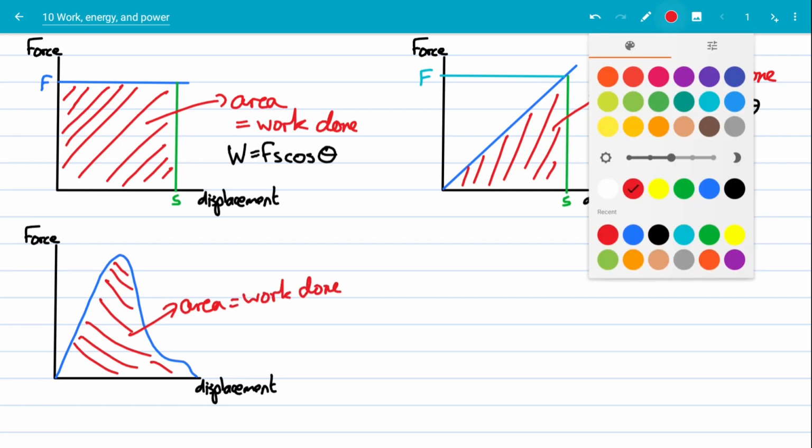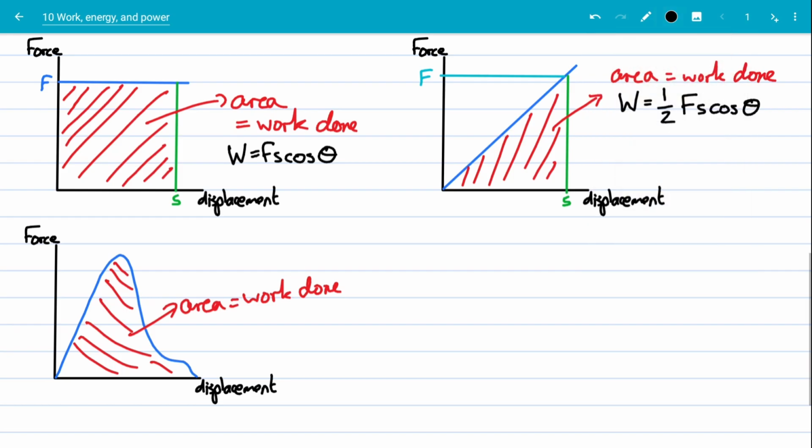We count the squares. So we count squares and then we multiply by the work done represented by one square. That's what we do.